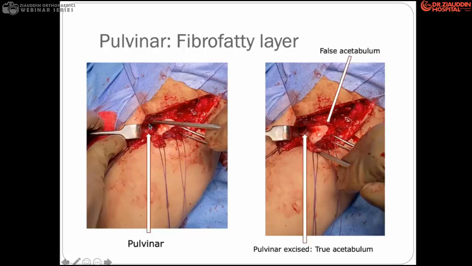When you remove the fibrofatty tissue from the acetabulum, that is called pulvinar. If you do not remove the pulvinar, it will remain between the head and the acetabulum and will produce an obstruction that we call interposition of the soft tissues. After clearing the pulvinar, you find the acetabulum so deep, and it is very easily removed.